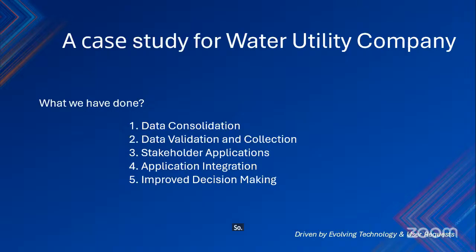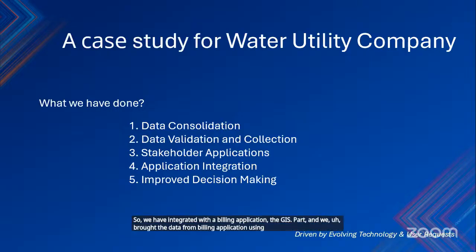So we integrated the GIS part with the billing application, and we brought the data from the billing application using APIs. Then we utilized that data to create dashboards and reports, which the management can look at to improve their decision making.